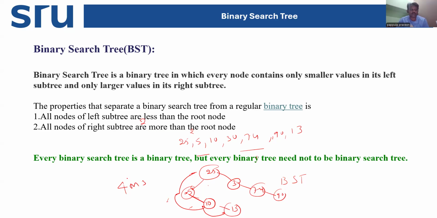But in a binary search tree we have to maintain the condition: all nodes of the left subtree are less than the root node, and all nodes of the right subtree are more than the root node. More than means greater than the root node. We should always follow this constraint.